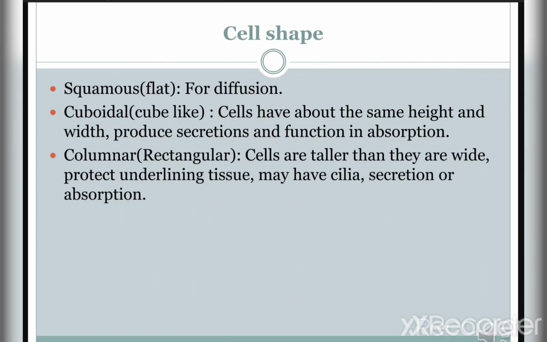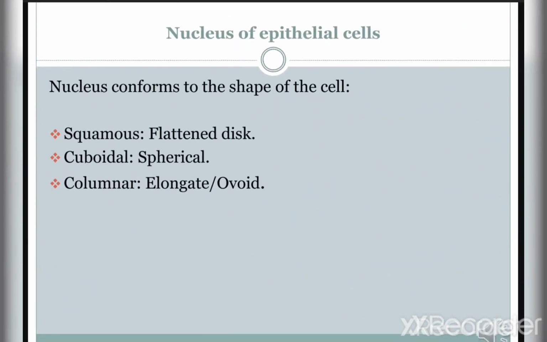What about the nuclei of epithelial cells? The shape of the nuclei is relevant to the shape of the cell itself. So the longitudinal axis of a nucleus is parallel to the longitudinal axis of the cell.